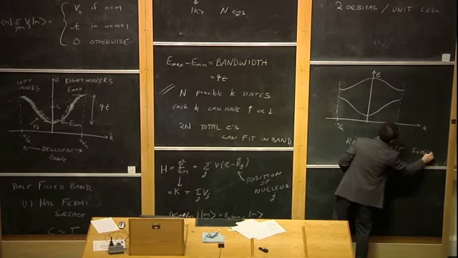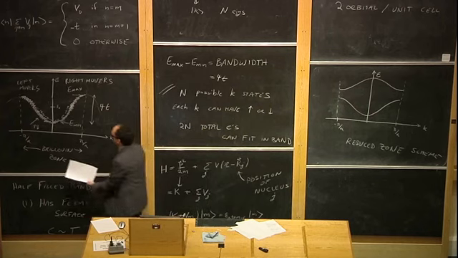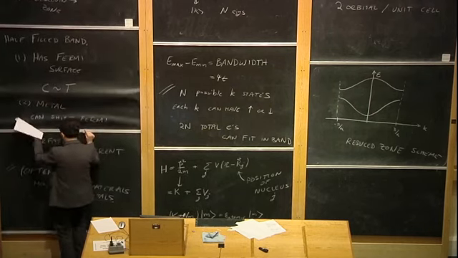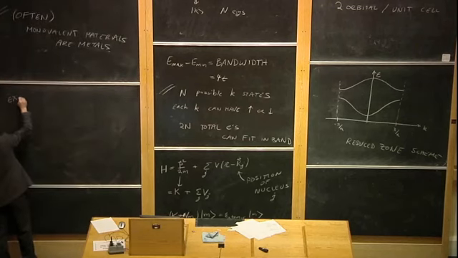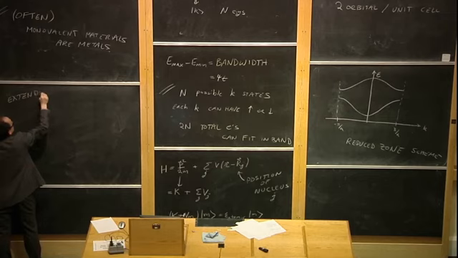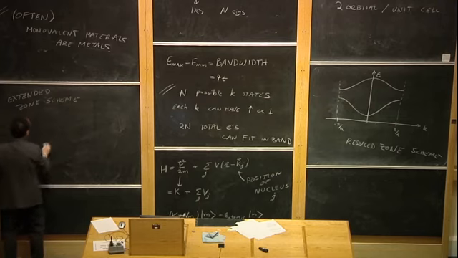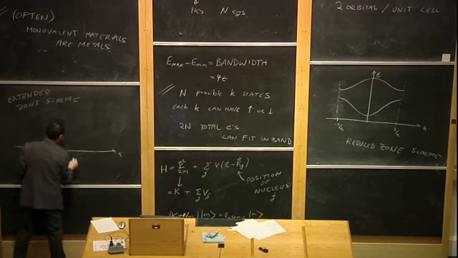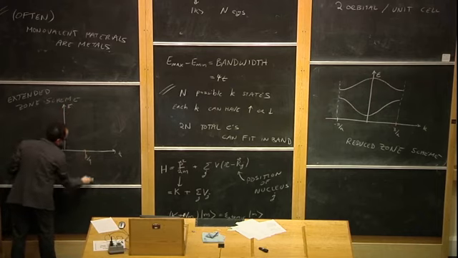And we could also draw it in the extended zone scheme, which I'll do over here, actually. We could draw the same thing, which would look kind of like this. k, E, here's pi over a.